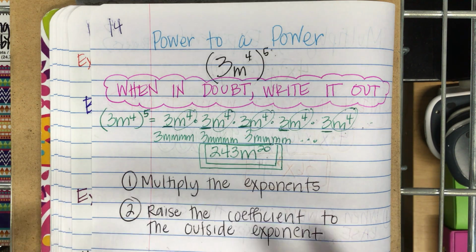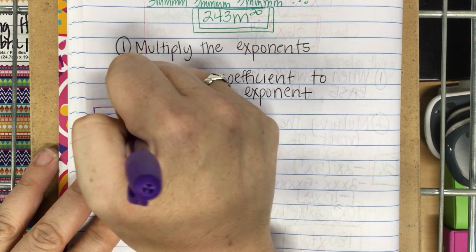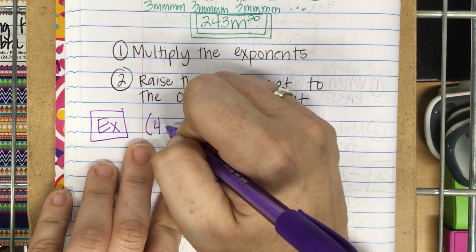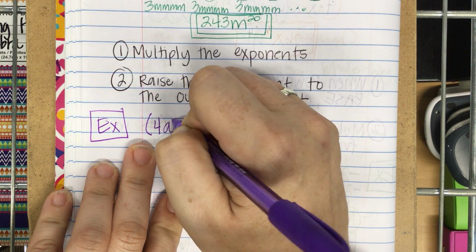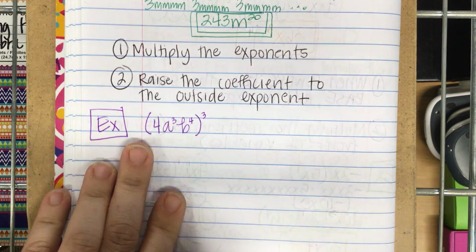All right, so let's do a couple. Let's do 4a to the 3rd, b to the 4th, to the 3rd.